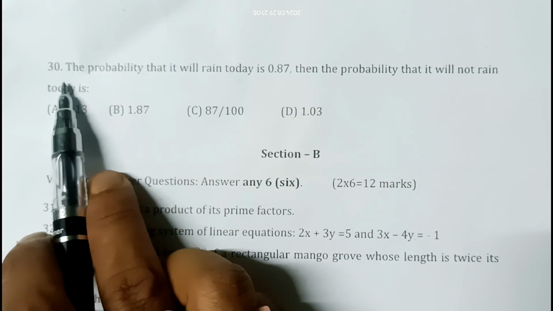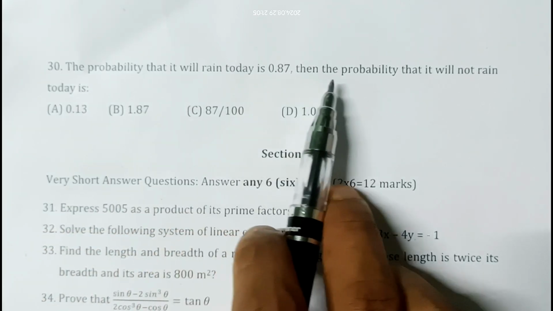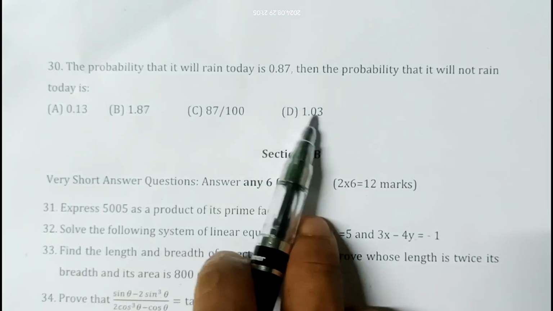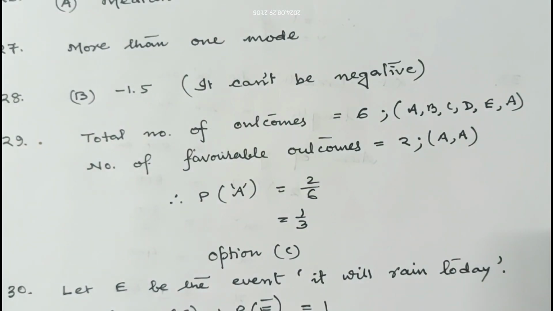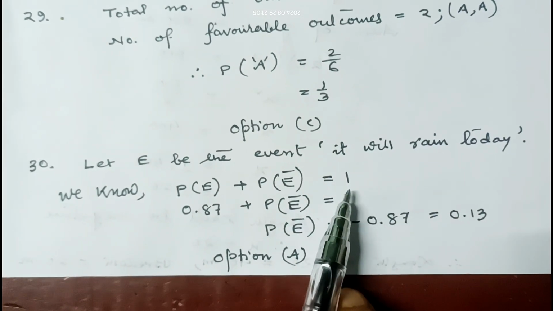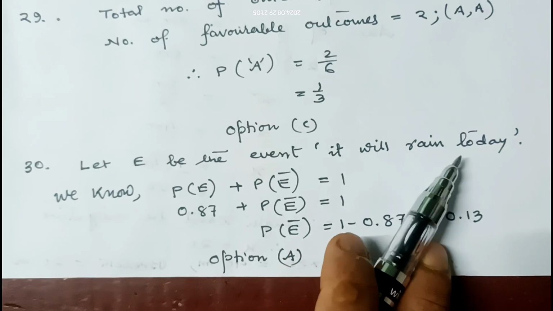In question number 30 it is given the probability that it will rain today is 0.87. Then the probability that it will not rain today is, there are 4 options. We know probability of an event plus probability of not occurring that event is always 1. Here we have to use that formula. Suppose let E be the event, it will rain today.